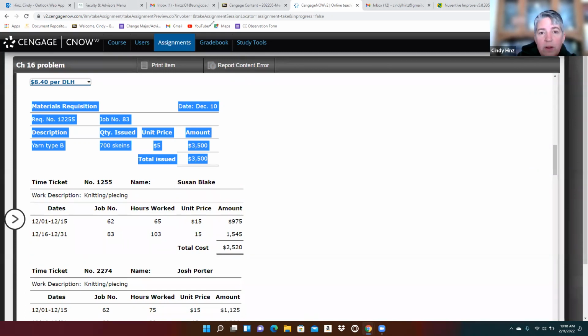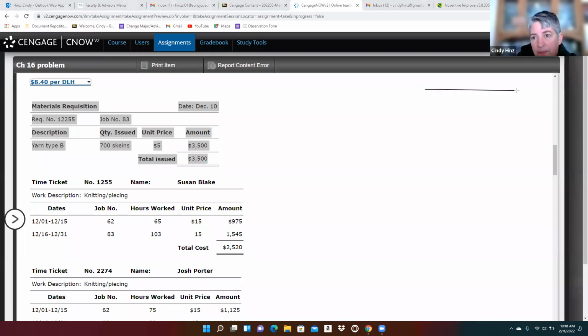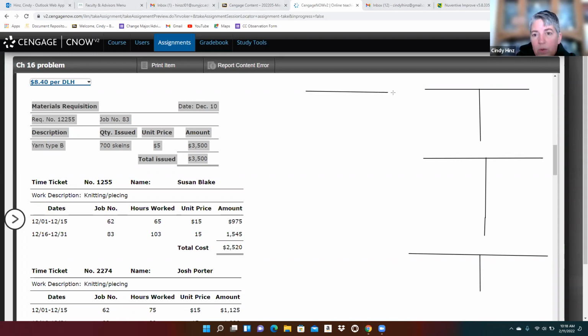Hopefully I'll have enough room here on the screen to do this. So over here on the right hand side, I'm going to put my T accounts. It'll maybe make it a little bit easier for us to have these as we go along. If I can fit everything in here. So squeeze a couple more in here, just little ones.